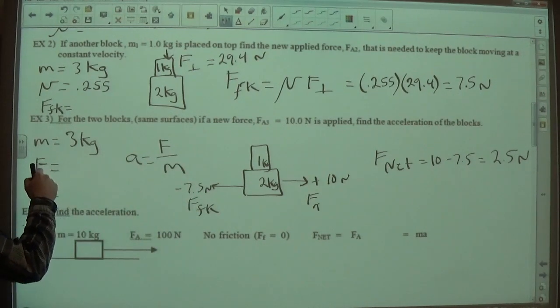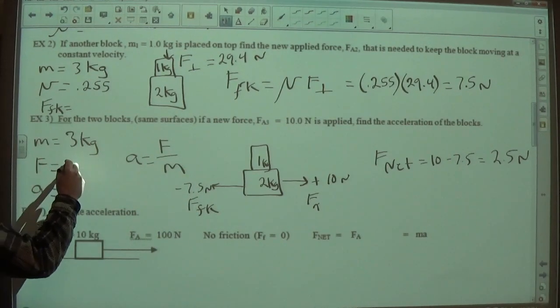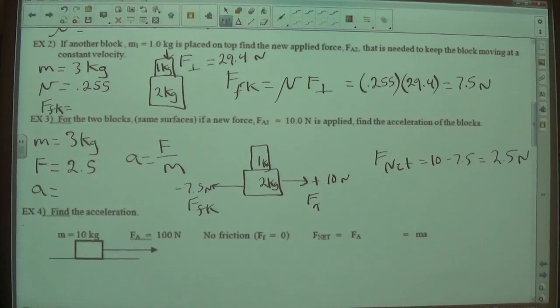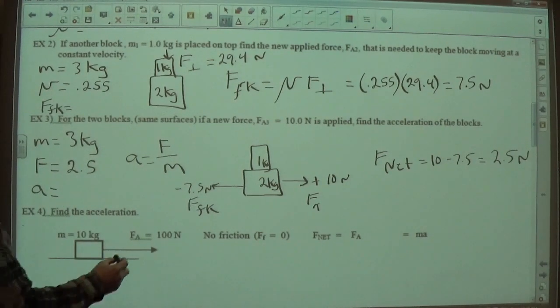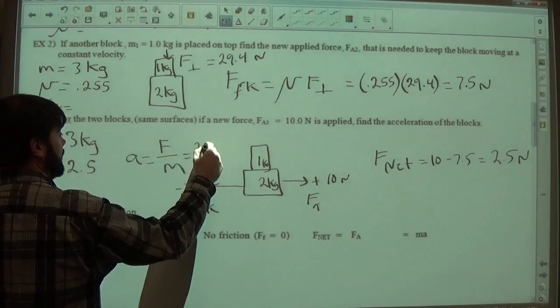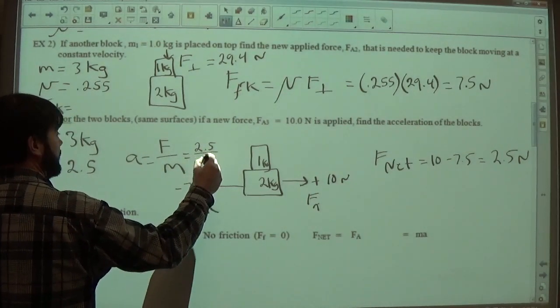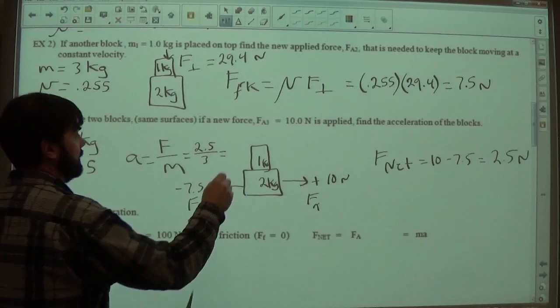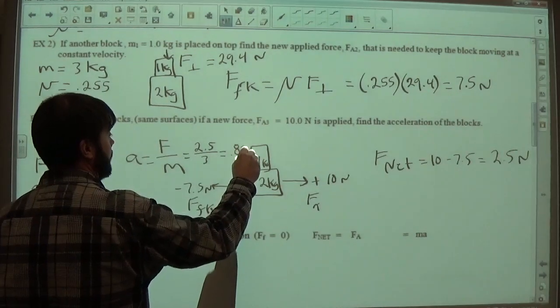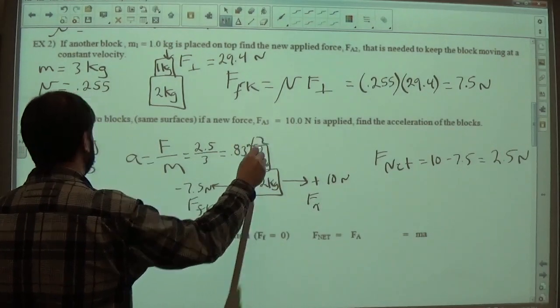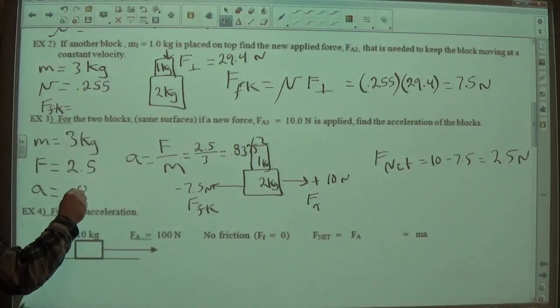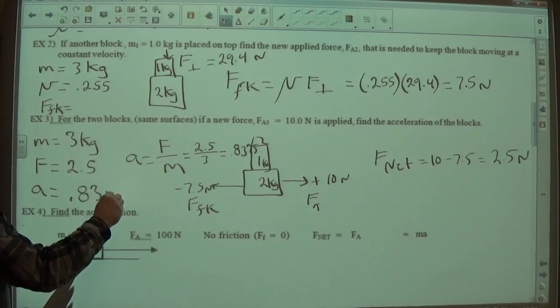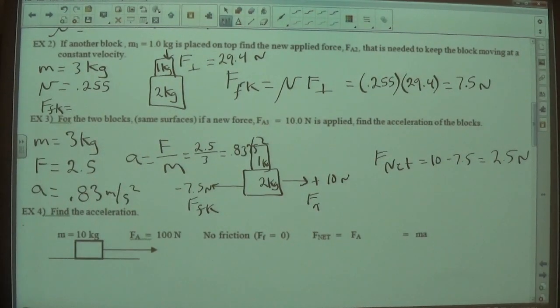So our net force that we're using here is not 10 and it's not 7.5, it's actually 2.5 newtons. And if I divide all of that out, 2.5 divided by the mass of 3, this is going to give me something a little bit less than 1. Gives me 0.83 meters per second squared. That would be the acceleration of the block.